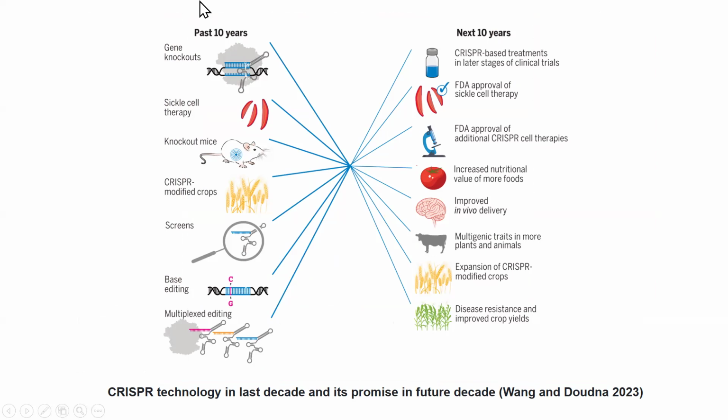Over the last 12 or 13 years, CRISPR has been found effective in gene knockout, sickle cell disease therapy, knockout mice, and disease screening, and CRISPR-modified crops are already in the field.